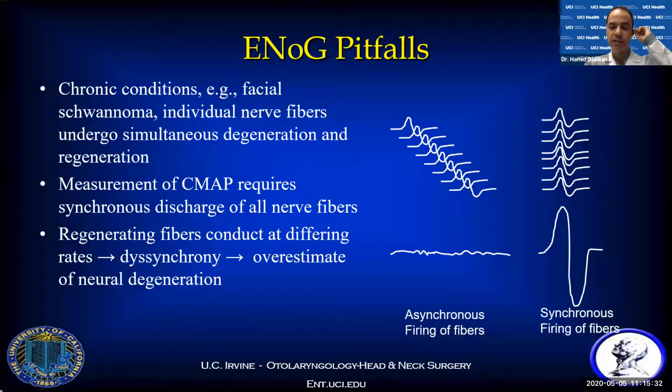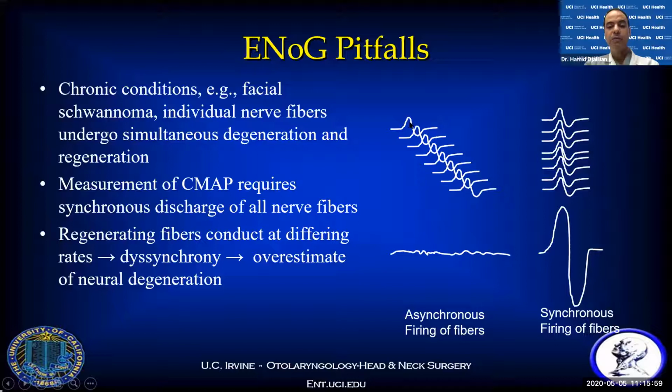So this is the main pitfall of ENOG. The main pitfall is what we call dyssynchrony, meaning that the axons are regenerating, but at different paces. Some have regenerated well, in which case you get the compound action potential very quickly, and some are going to be a little slower, and others slower than that.